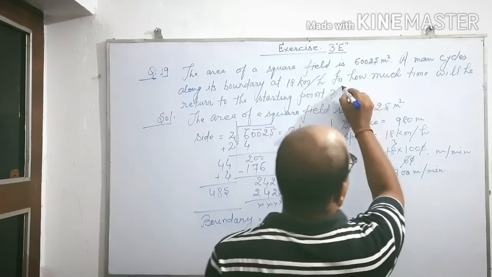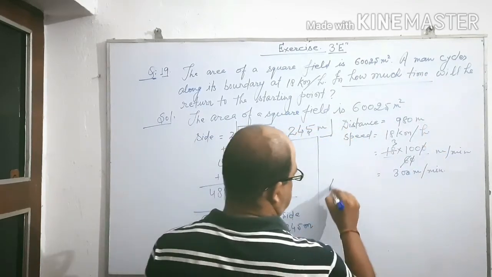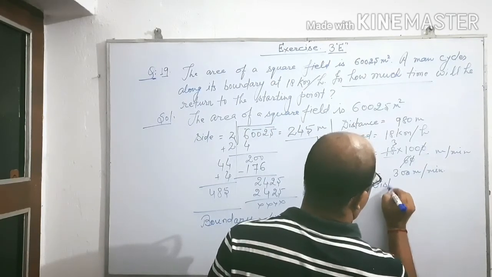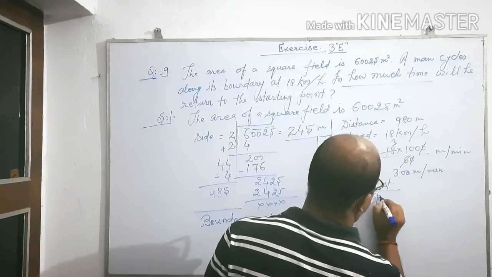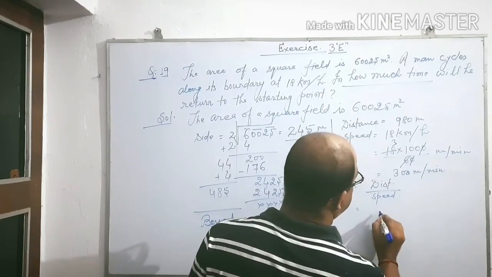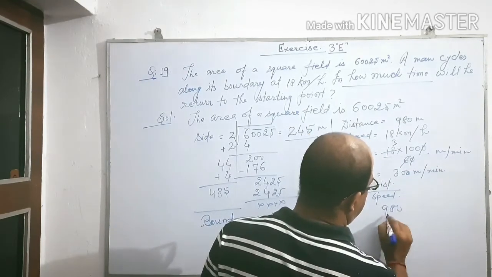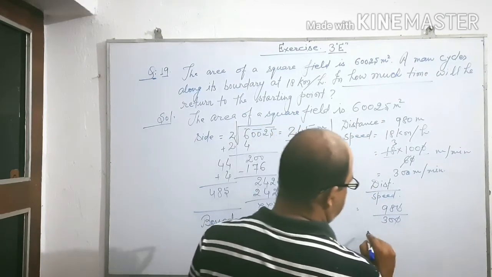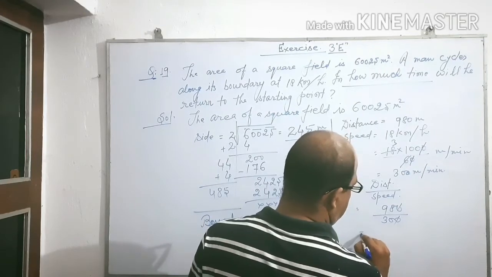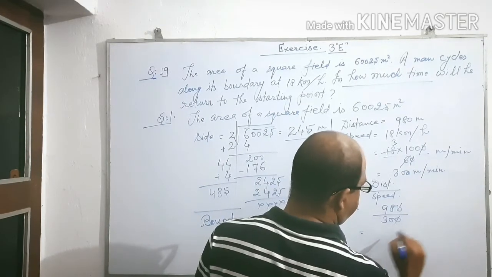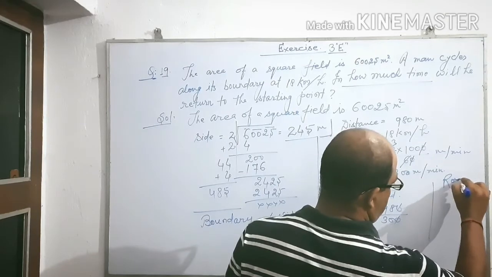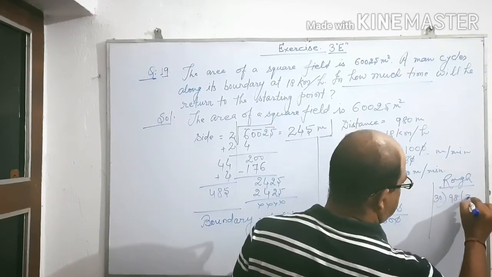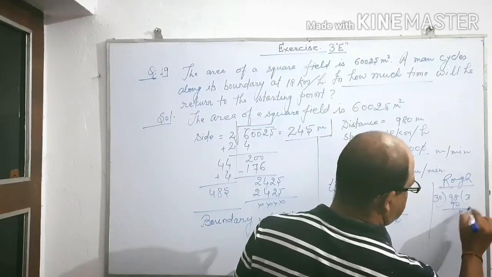How much time? Now, time is equal to distance by speed. Distance is 980 divided by 300. Zeros cancel, and if we divide it, 3 times 90 is 270, the remainder is here.